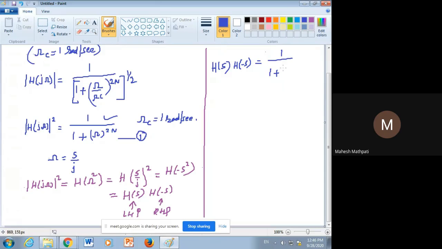So omega is s by j to the power 2n, or this can be written as 1 divided by 1 plus minus s square, that is (minus s square) to the power n. Let us call it equation 2.